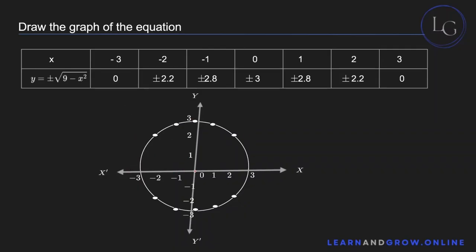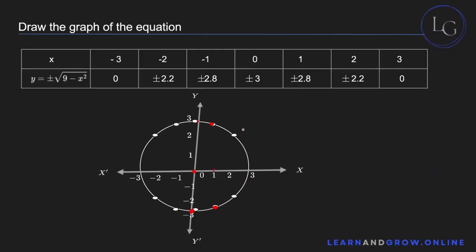Because when x is equal to 0, you have positive 3, so mark +3, and then you also mark -3. When x is equal to 1, you have to take both the coordinates at +2.8 and -2.8, and once you plot all of these points, you find out that it becomes a circle, right?